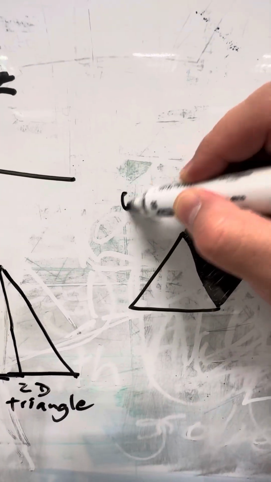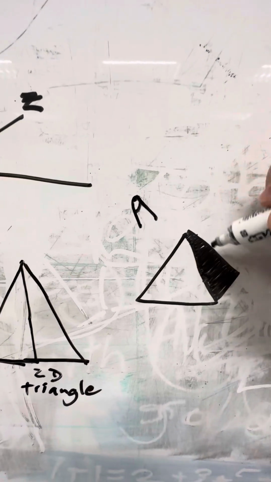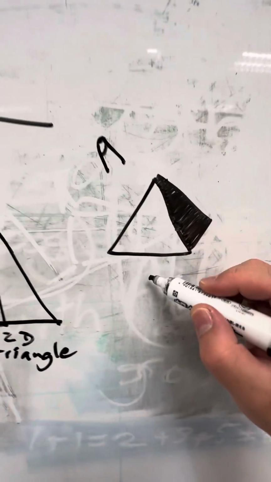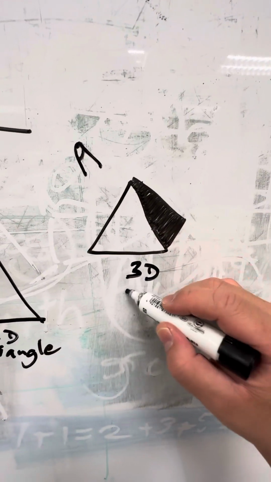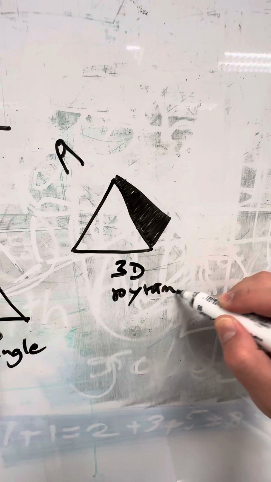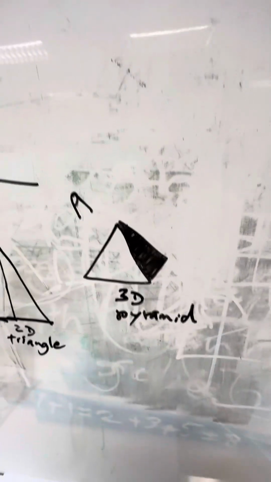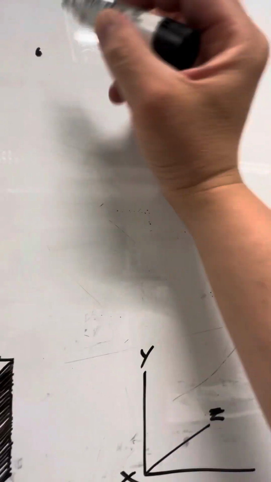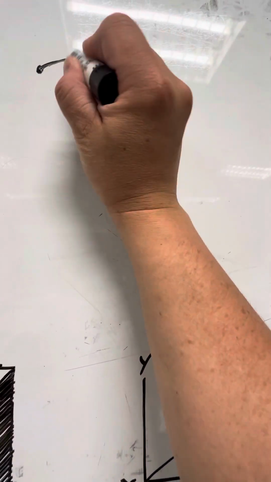If the light again is coming from this side, it won't get to this side, so you have that, okay? Pyramid, 3D pyramid. All right, I think that's two more, and this one is getting a little bit complex now.